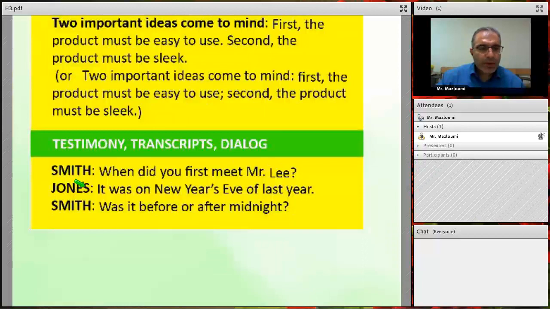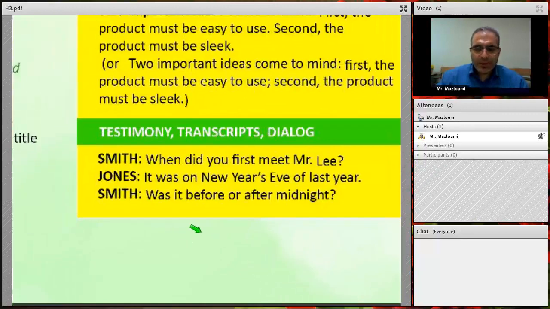Question mark. Jones says, colon, It was on New Year's Eve of last year. New Year's Eve, everyone, means the last day of the year. Smith says, colon, Was it before or after midnight? So you see we have a dialogue here. So we can use colons in testimonies and in transcripts.